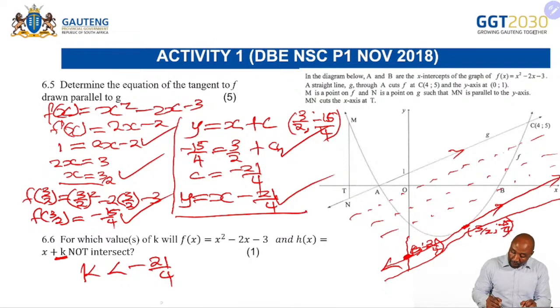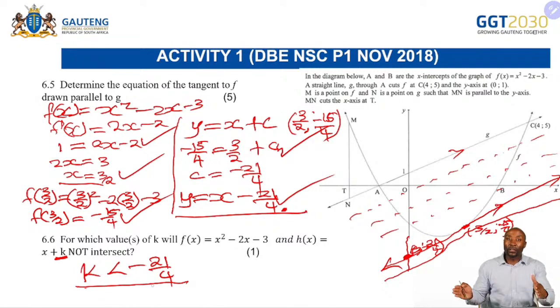Hence, our solution to this question will be k is less than negative 21 over 4. We are using the solution that we got here to help us answer the next question, but we must understand the meaning of this intersection. They do not touch, they do not intersect.